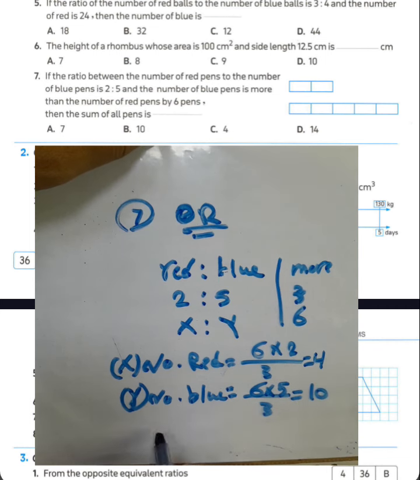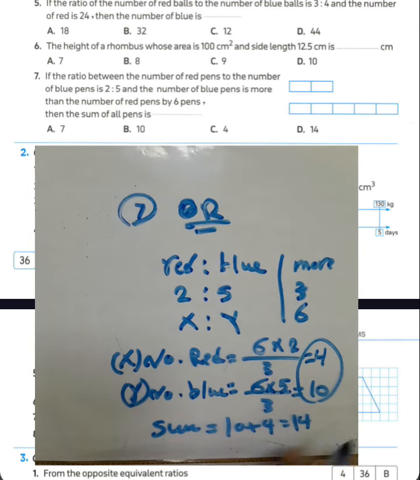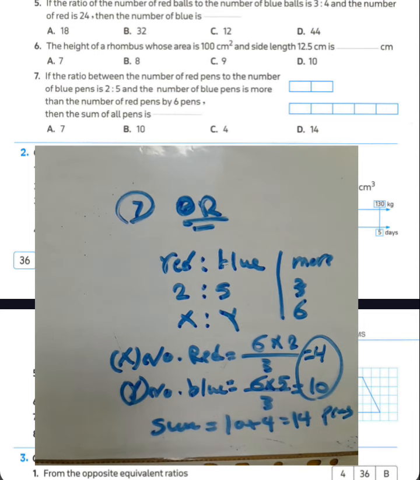Then the sum of them will be 10 plus 4 equals 14. Okay, you can solve by this method or the last method, as you like. We have 14 beans. We have two solutions for this example.